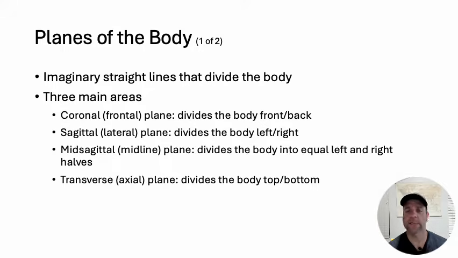Next we have the sagittal plane. This is going to run vertical, but instead of front and back, it divides the body into left and right portions. There's also a special version of this called the mid-sagittal or midline plane, which divides the body into equal left and right halves.